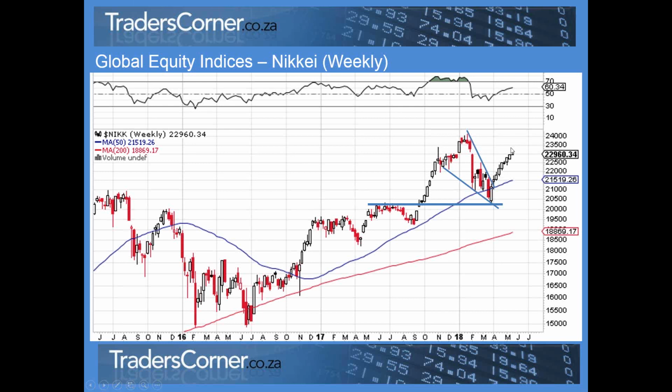So there's nothing telling me that we need to get worried about this upward trend at this stage, and there's a reasonable possibility still that the Nikkei goes up and retests these prior highs at about 24,000. So, the Hang Seng and the Nikkei both, to me, look quite appealing from a technical perspective when looking at all of the global indices.